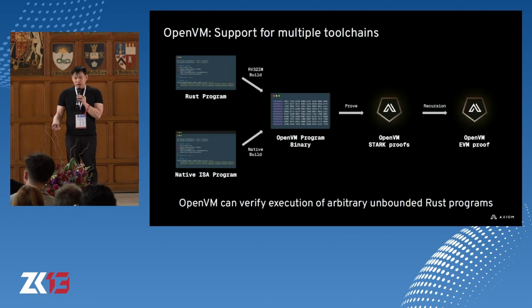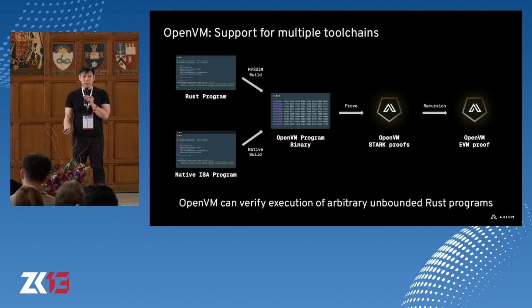So another possibility that the modular approach opens up is to support multiple toolchains over the same backend. So today, we support the Rust toolchain by building to RV32. And we also support a toolchain that's more adapted for native recursion.